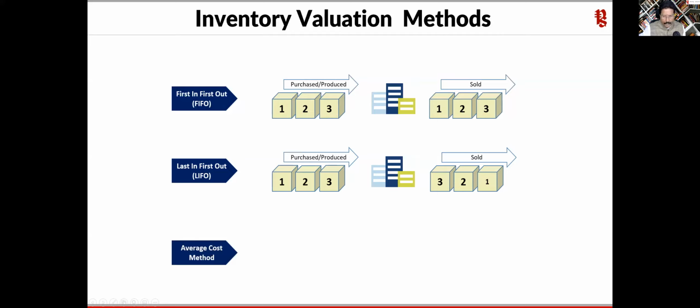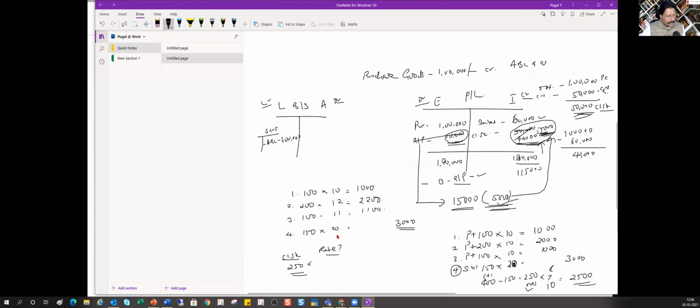Again, if I can quickly pick up the same example here, 150 I have sold, right? Now if I apply the LIFO valuation method, what is going to happen? Instead of removing 100 from the first lot, under LIFO it is going to remove the first 100 numbers from here at this particular rate, and the balance 50 it will remove from here.